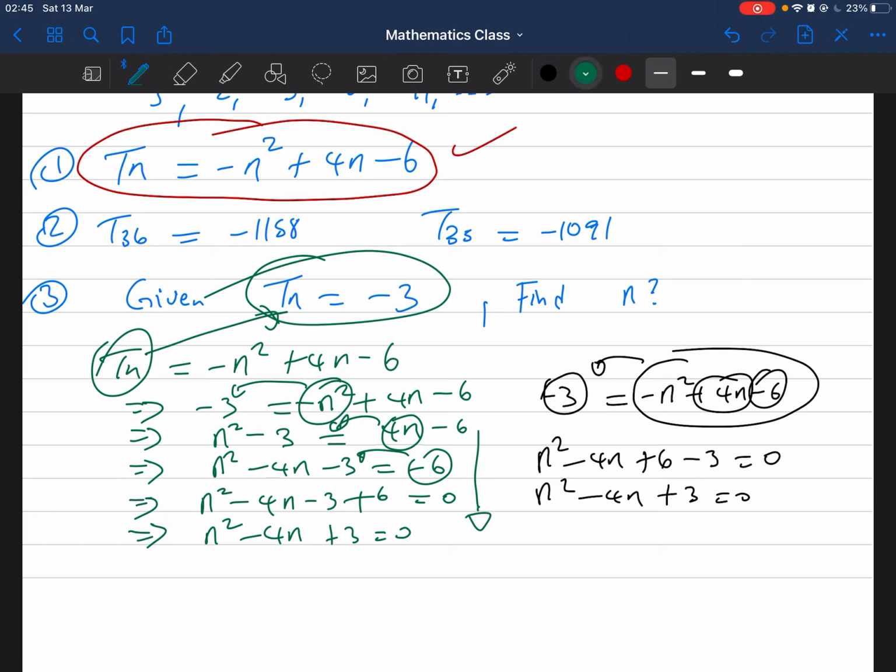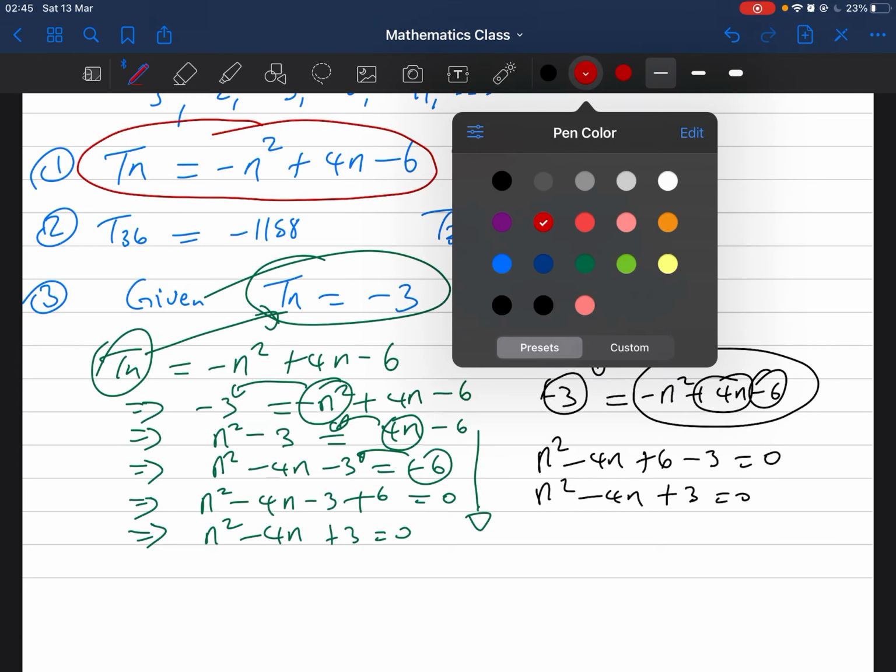Cool. So now you have n squared minus 4n plus 3. To solve this, you can use different methods. Please check my previous videos on how to solve a quadratic equation. For this video, we're just going to use our knowledge of the quadratic formula.